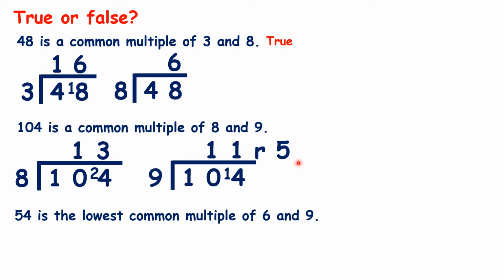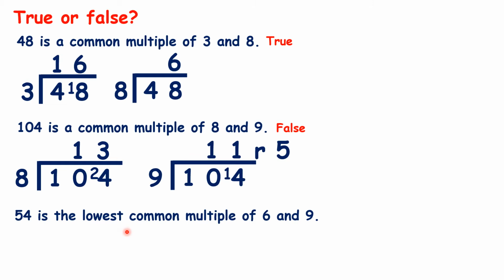We get 11 remainder 5. So because our answer is not a whole number, 104 is not a multiple of 9. It's a multiple of 8 because that gives us a whole number, but because it's not a multiple of 9 as well, we can say that it's not a common multiple of 8 and 9.